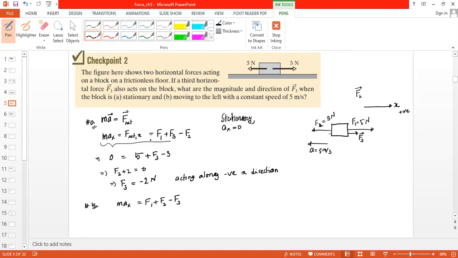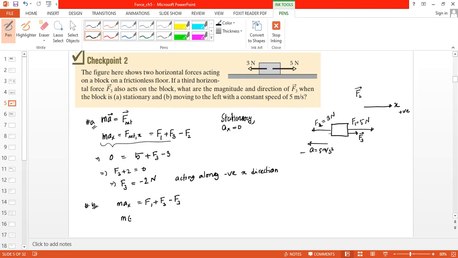And now M is what? What is the value of M? M is not given here. Let's say M is M. And A x is what? 5 meters per second squared, and it is acting toward the negative direction.